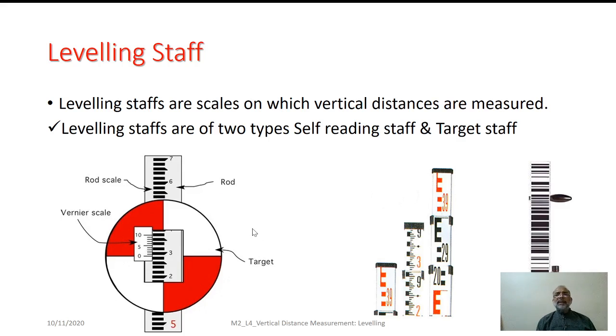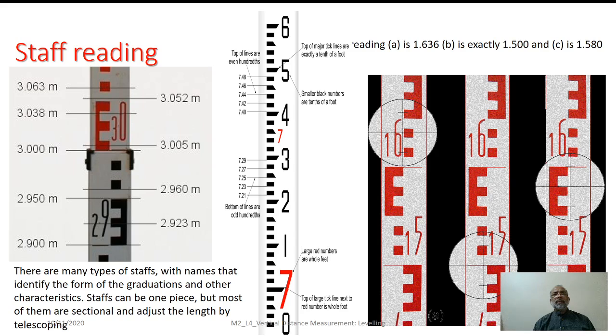Nowadays, the kind of digital level that we use is provided with some specific staff which is called bar-coded staff. Here, the surveyor is not expected to take the reading because the equipment on its own records the reading. Here, some graduations can be distinctly seen.